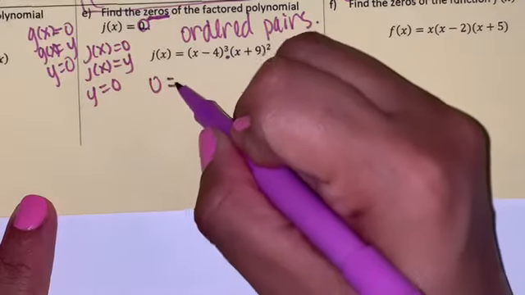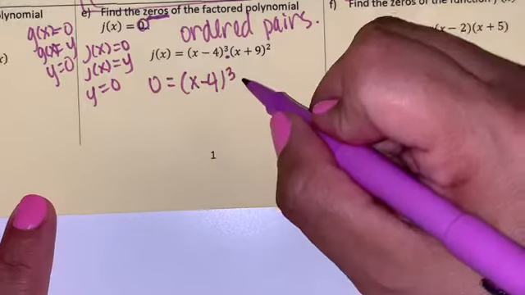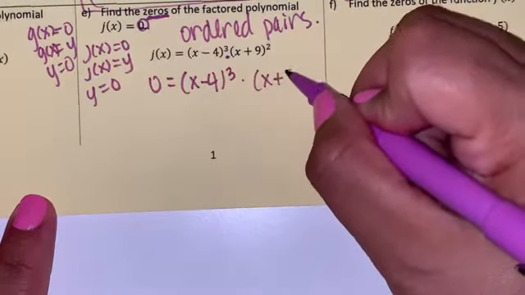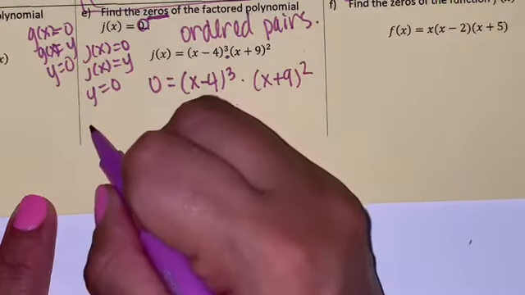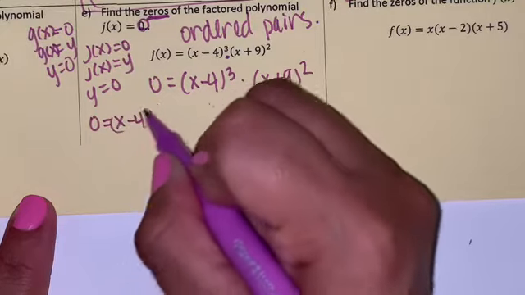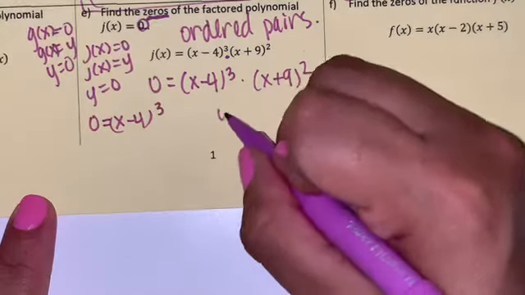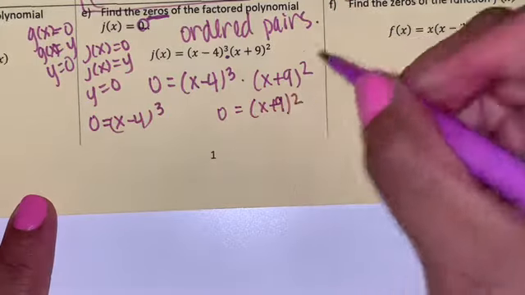So 0 equals x minus 4 cubed times x plus 9 squared. We're going to split these up. 0 equals x minus 4 cubed, 0 equals x plus 9 squared.